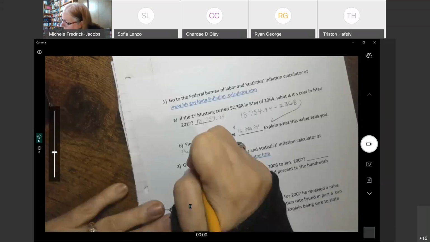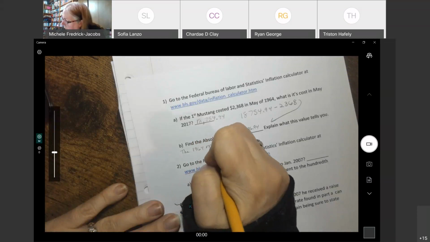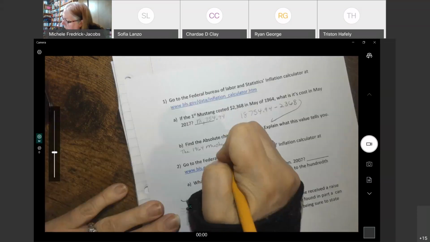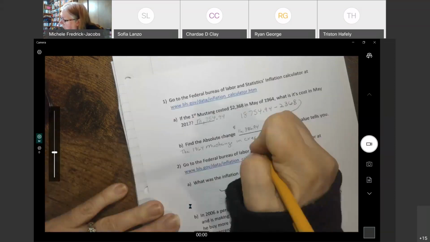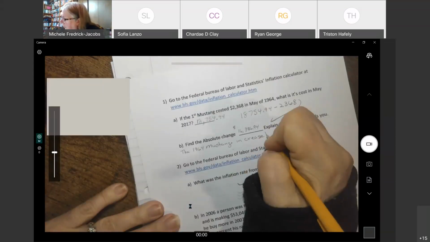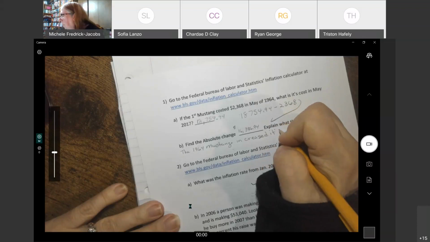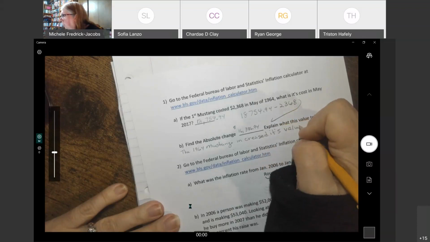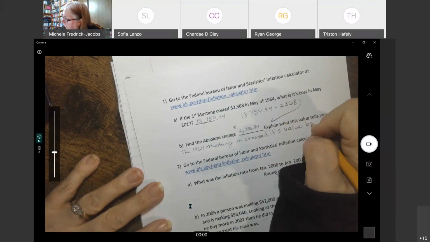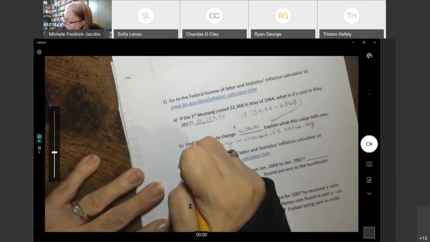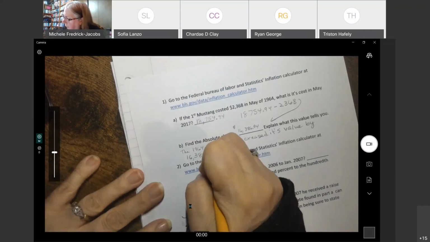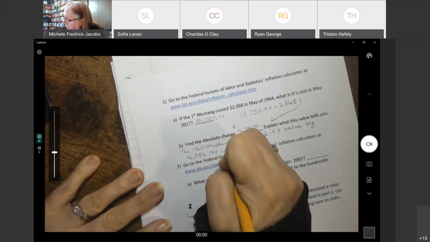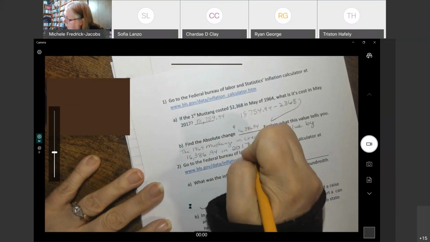The 1964 Mustang increased its value by $16,386.94 in 2017.